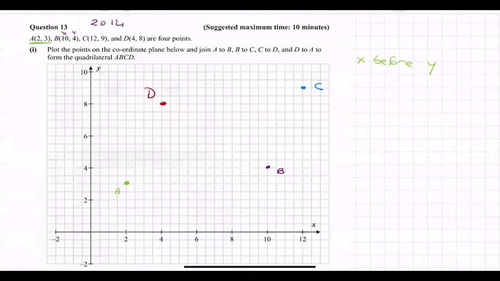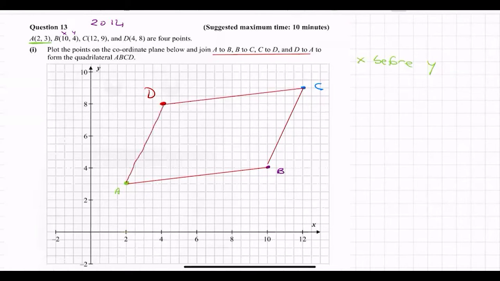And that's D. Okay, so then if I draw it, following the instructions here: A to B, B to C, C to D, D to A.